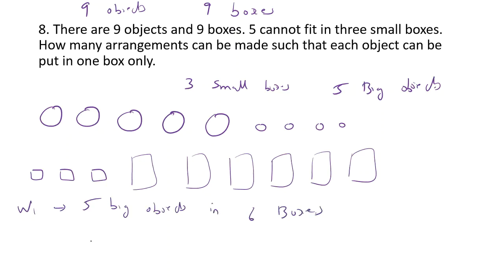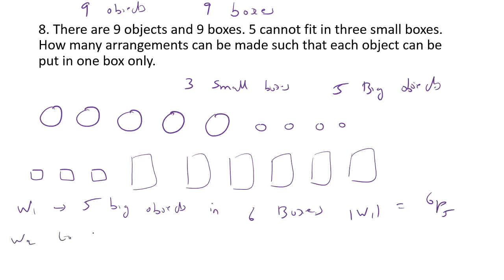So this we can do in 6P5 ways. Why do we have 6P5? We can treat these 5 as 5 people, and we can treat these 6 boxes as 6 chairs. The number of ways in which 5 people can sit in 6 chairs is going to be 6P5.